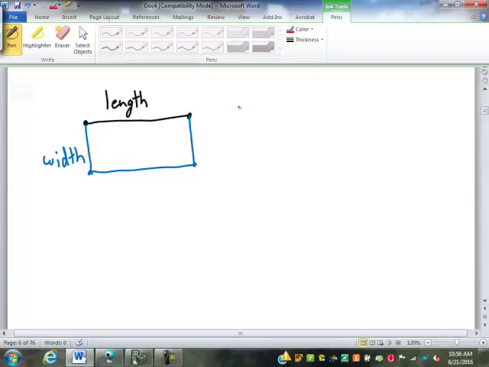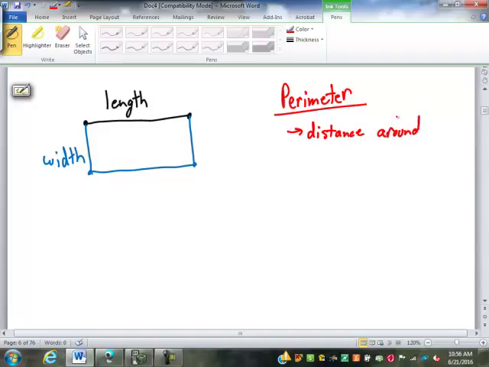Some things we can do with that rectangle, one that we've already discussed in the last unit a little bit for problem solving, is perimeter. The technical definition of perimeter is distance around. Now remember, distance is measured by movement. So that'd be the length plus the width plus the length plus the width.